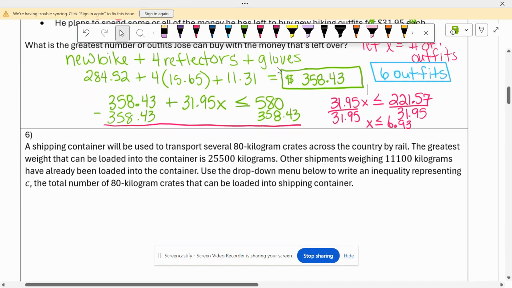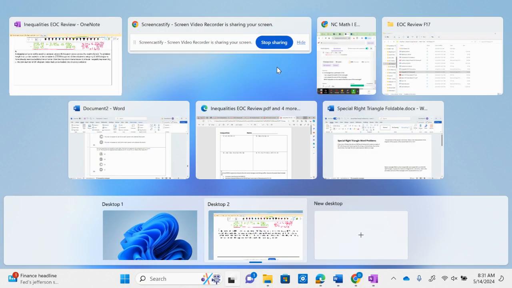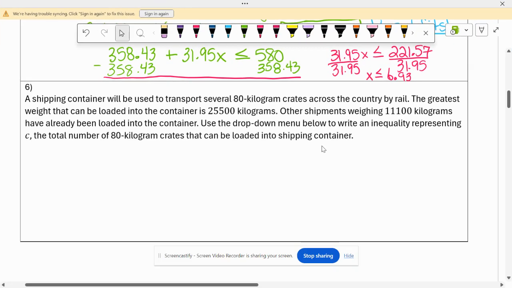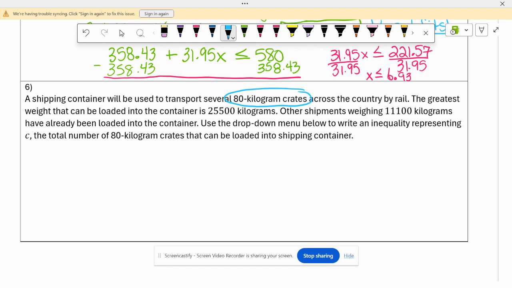Yeah. All right. A shipping container will be used to transport several 80-kilogram crates across the country by rail. That's probably important. The greatest weight that can be loaded is 25,500. How do I show that the greatest weight can be no more than 25,500?